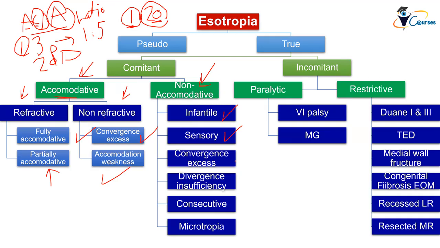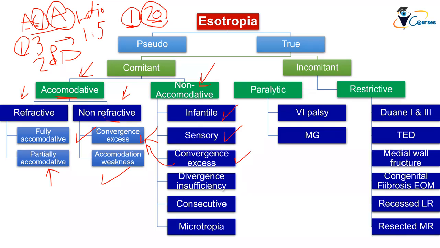Convergence excess can also be a non-accommodative comitant esotropia. So you may say, okay, but we just said that convergence excess can be accommodative. So convergence excess can be both accommodative and non-accommodative. Yes, that's correct. The non-refractive accommodative convergence excess has a high ACA ratio, but the non-accommodative convergence excess has a normal ACA ratio.